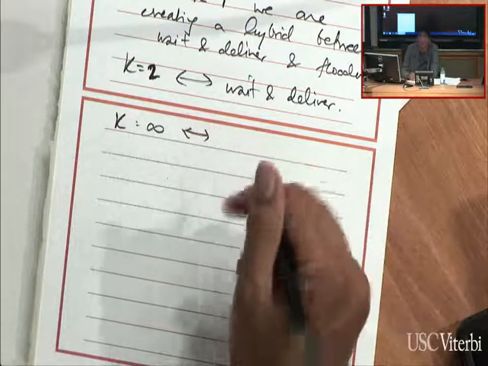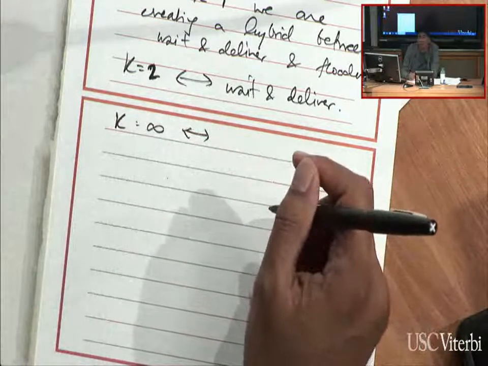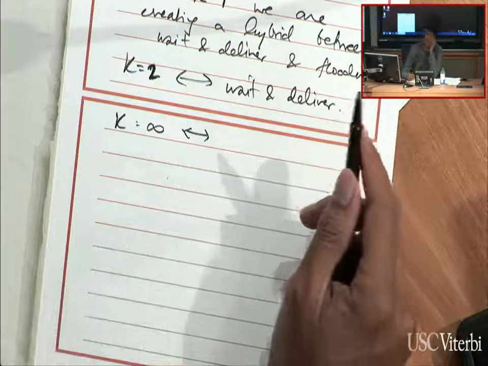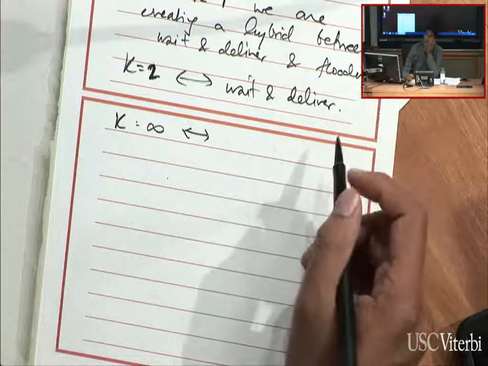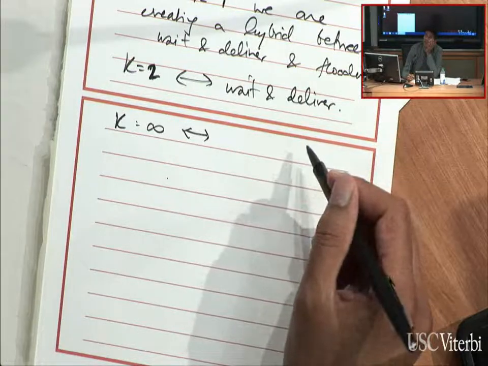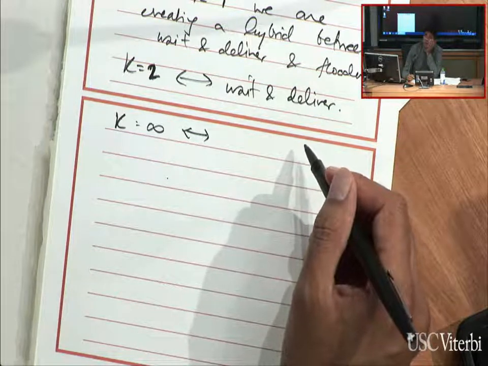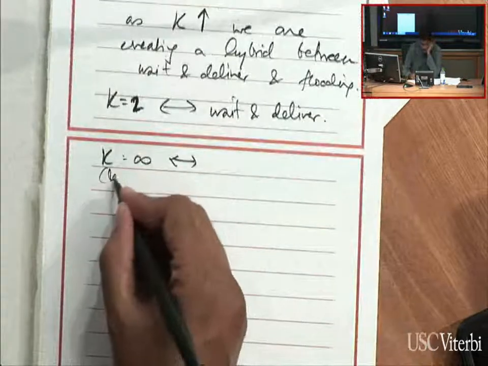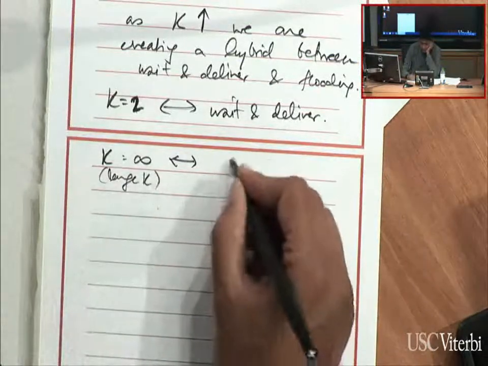In fact, any number that well, you have to be careful. You want to make sure that everybody is able to deliver. This takes a little bit more thinking on my part, but certainly for large values of K, it's equivalent to flooding.